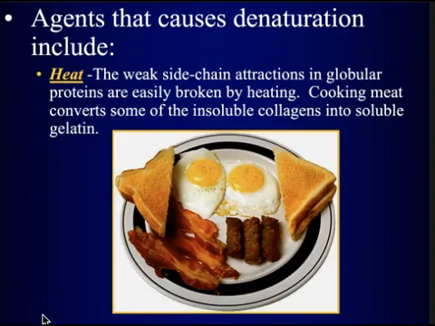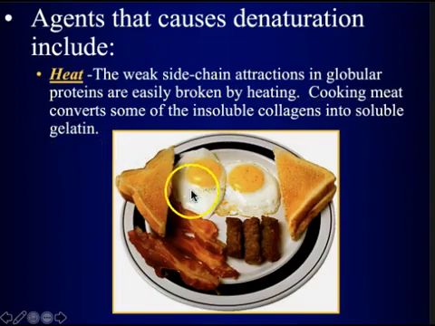So let's talk about how we can denature these proteins. One way is through heat. The weak side chain attractions of the globular proteins are easily broken. We think about something being heated, and it's moving the molecules really, really fast, and so you no longer have those interactions. And it starts to denature. So cooked meat converts some of the insoluble collagens into soluble gelatin.